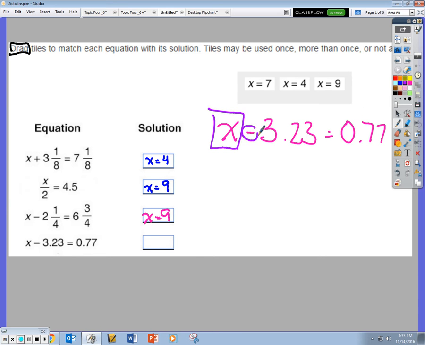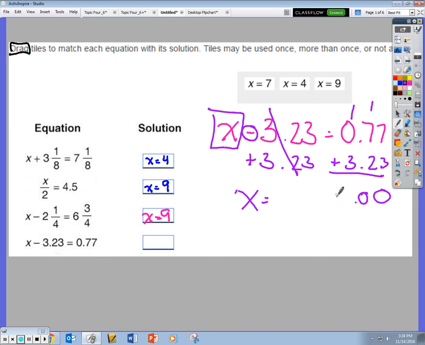I need to do the inverse of subtracting, which in this case is to add. So whatever I do to one side, I must do to the other side of the equation. That's gone. I'm left with x is equal to, let's see, 7 plus 3 is 10. 7 plus 2 is 9 plus 1 is 10. Hey, that equals 4. x is equal to 4.